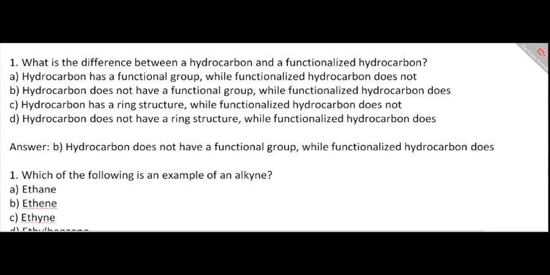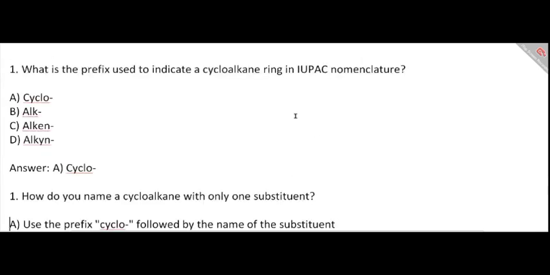What do you name a cycloalkane with only one substituent on it? Using a prefix cyclo followed by the name of the substituent followed by the parent cycloalkane; use the name of substituent followed by the name of a parent cycloalkane; use the name of parent cycloalkane followed by the name of substituent. So option B is the correct answer.